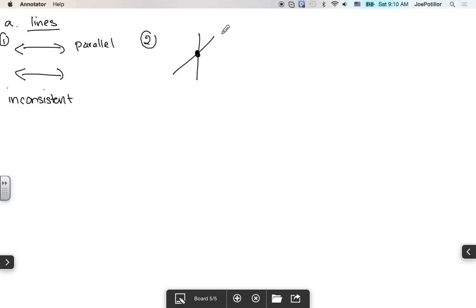In this situation where they intersect, which is consistent, this is consistent because it has a solution.